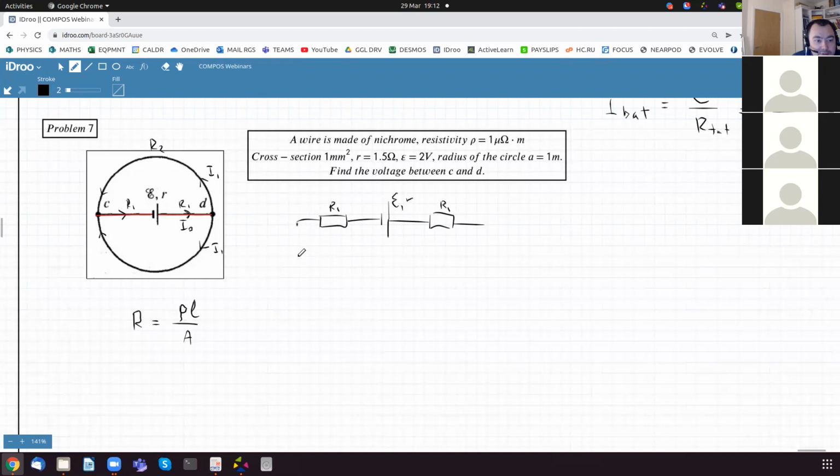And we have R2 on the bottom, but we also have R2 on the top. But that simply means that it's also in parallel, R2.